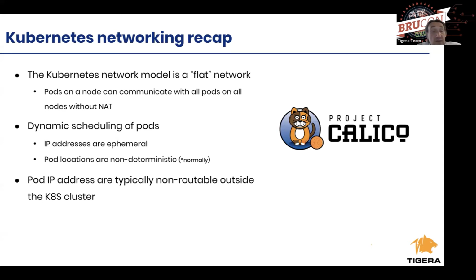So they should see each other's IP address. So I typically looked at it as one big network where everybody could reach everybody. And this is a little bit in contrast with what we typically want to do from a security side of things, segment things or micro-segment applications. So that's one thing.